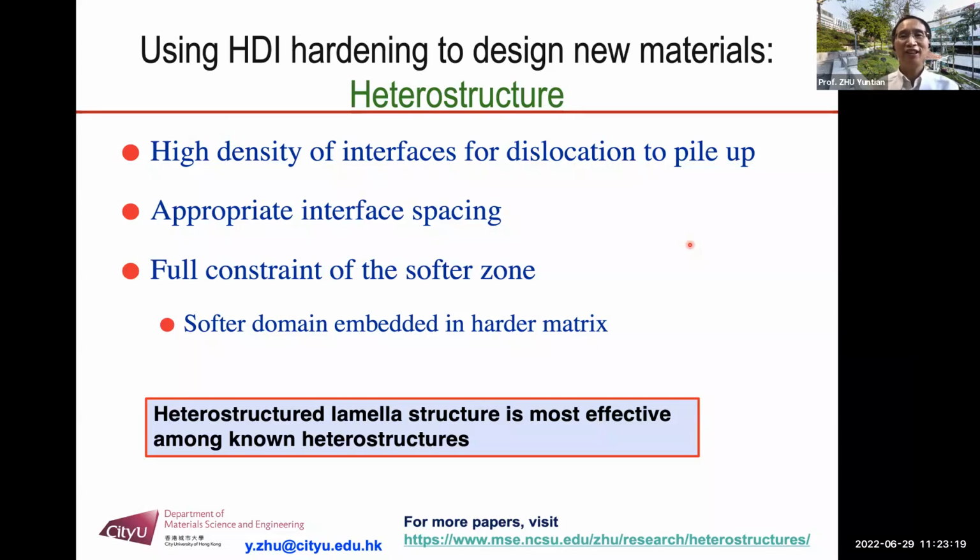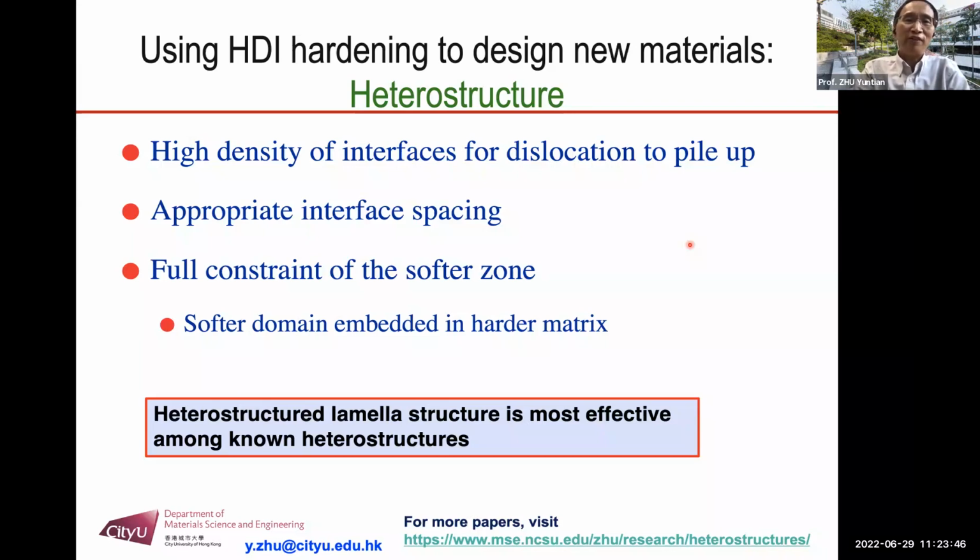So that's why, if you want a good IGDI effect, this is how you need to do it. You need to design the density, the size and the shape of the zones. But you also need to have appropriate interface spacing.